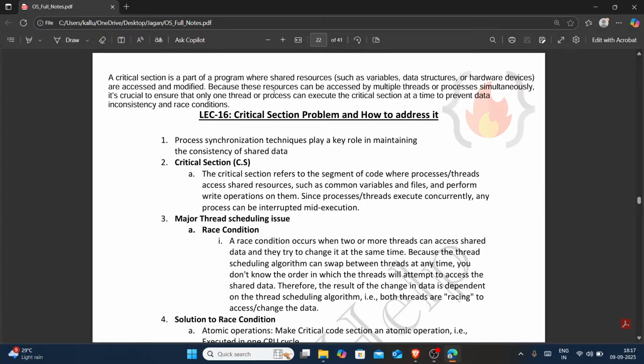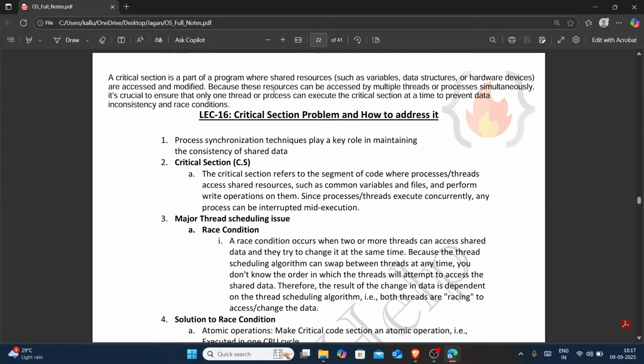it may happen that the CPU switches and starts executing other instructions before completely executing A's instructions.